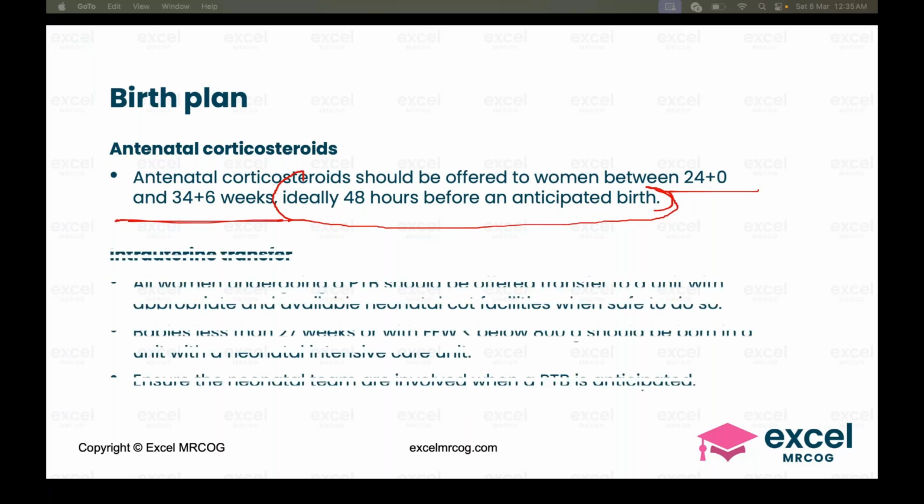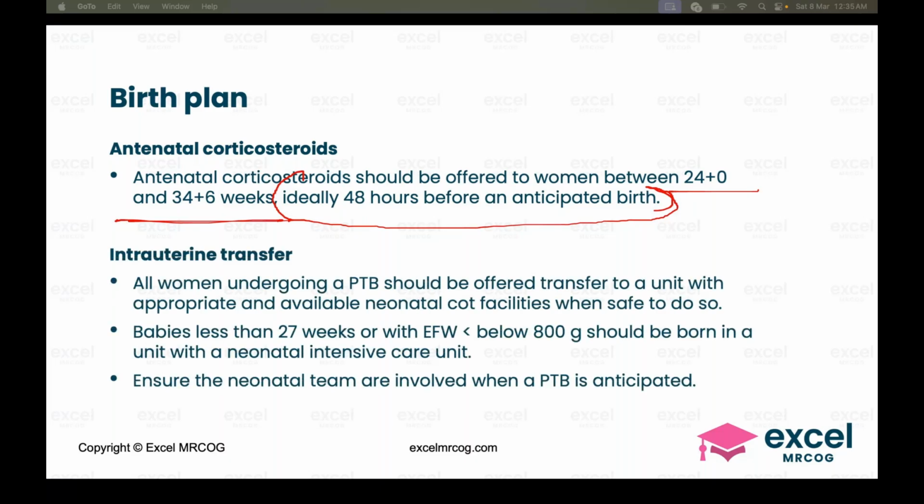In utero transfer is for all preterm births. You need to transfer them to a unit with appropriate neonatal cot facilities, and when it is safe to do so. This is a typical station in Part 3 MRCOG. If there is a possibility of preterm birth, you should refer to a unit where there is a neonatal cot facility.